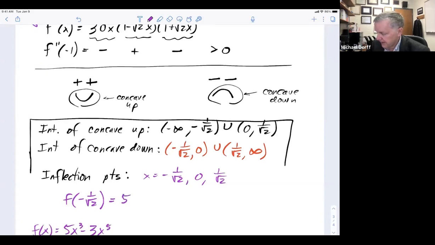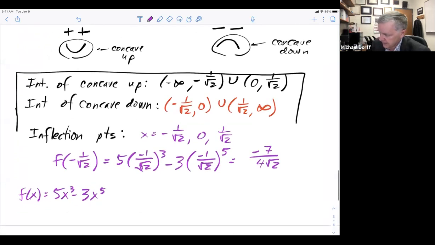So I'm going to get 5 times negative 1 over square root of 2 cubed minus 3 times negative 1 over square root of 2 to the fifth. And when I simplify that, I get the answer of negative 7 over 4 square root of 2. All right. So one of my inflection points is going to have that as the y value.